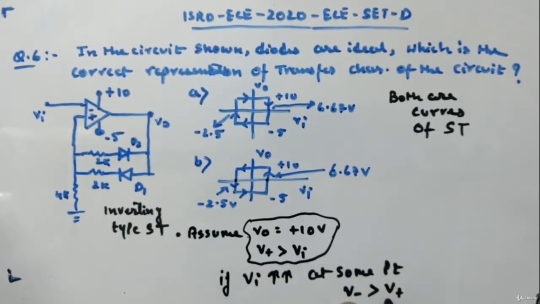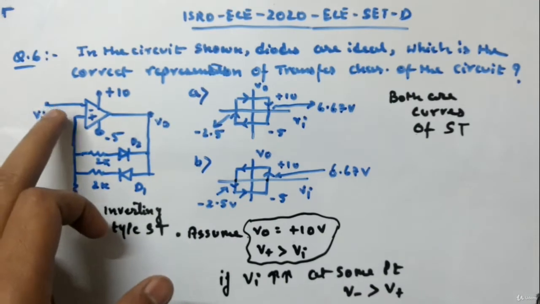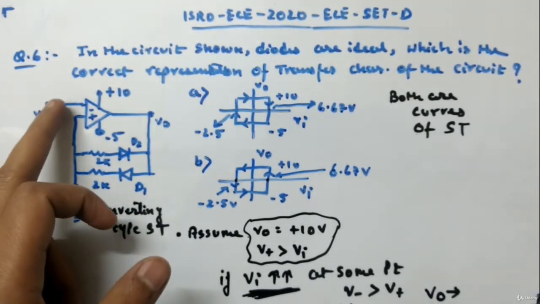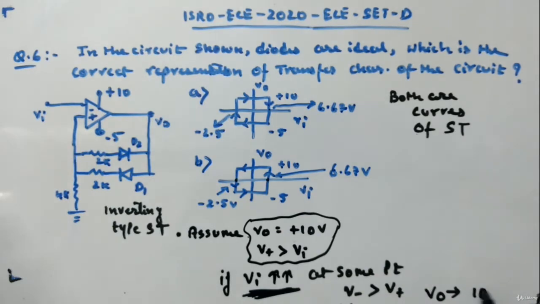At some point of time, V negative will become greater than V positive, or Vi will be greater than V positive. Then what should happen? Since this terminal is getting higher, the output should go from plus 10 to minus 5.